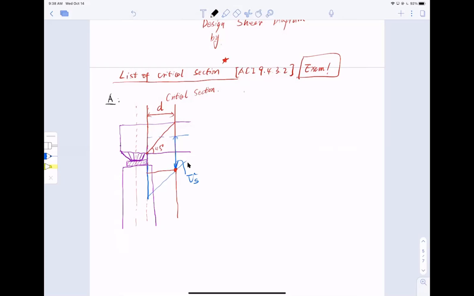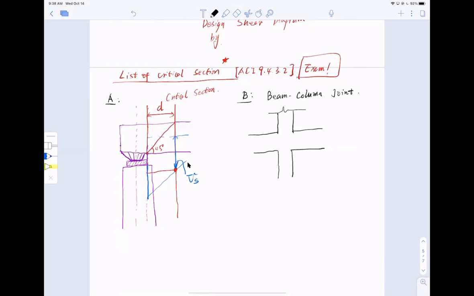Okay, now scenario B, when I have a beam-column joint. So I have a beam integrated with a column like this, and joined here.